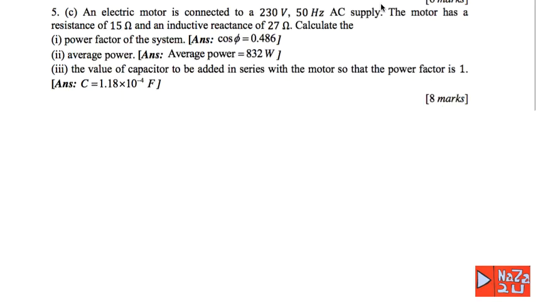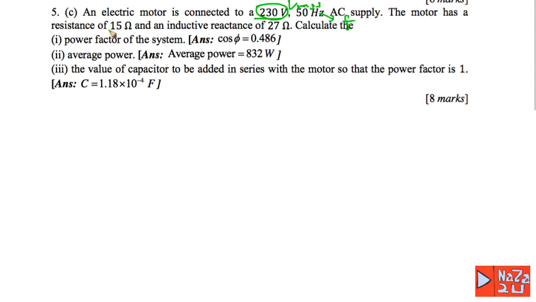Continue with number 5C. An electric motor is connected to the 230 volt AC supply. If the question gives you the value of the AC voltage, this is a V RMS, and this is the frequency.